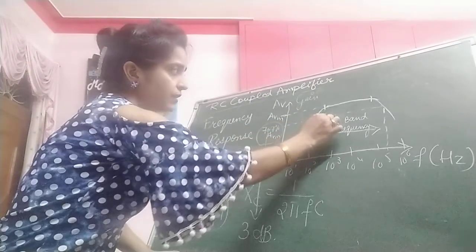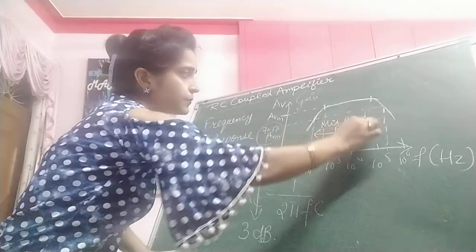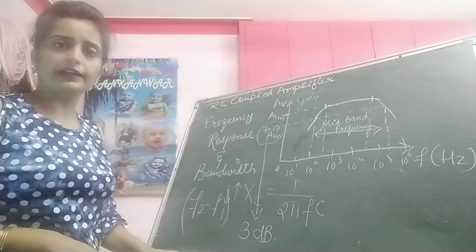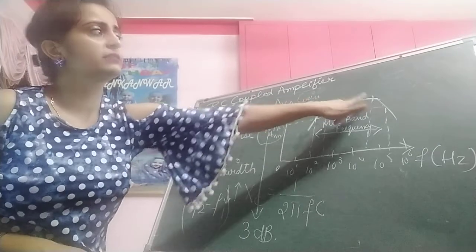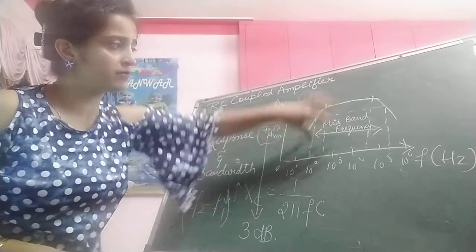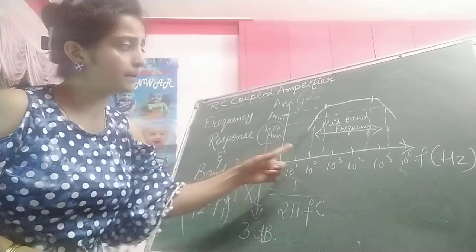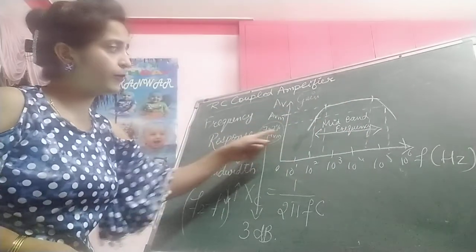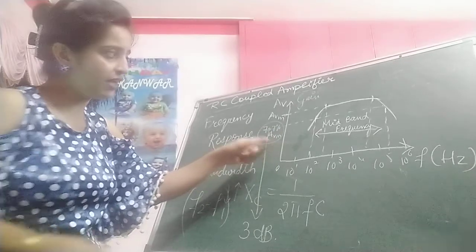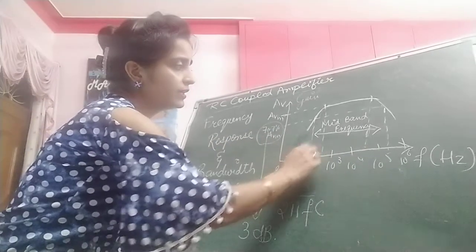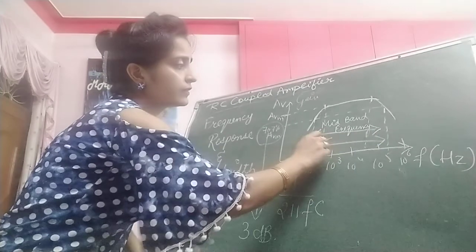For example, look at this. If I calculate the bandwidth using the maximum gain, it will be slightly lower compared to the bandwidth at 70.7% of the maximum value, which is comparatively larger than this one.